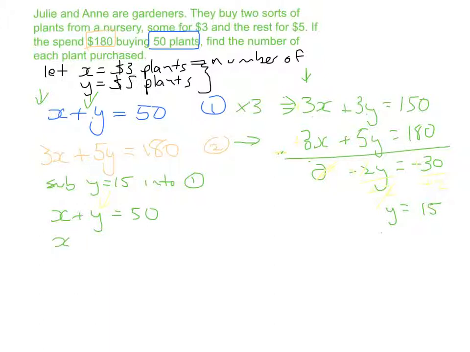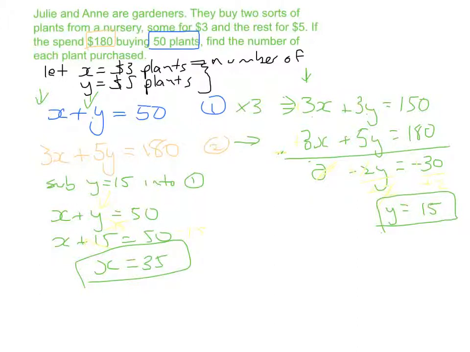So we have x plus 15 is equal to 50. Now if we take away 15 from both sides, that gets rid of that, which leaves us with x is equal to 50 take away 15 is 35. So we have an answer now of x equals 35 and y is equal to 15.